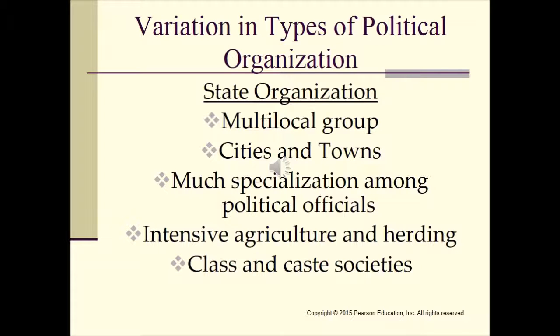So if you remember, in order to have specialization like this, you're usually talking intensive agriculture or herding, domestic agriculture, domestic raising of animals, that sort of thing. And so not everyone is directly involved in getting food. You have political officials, you have people who make certain items, tools, and that sort of thing.